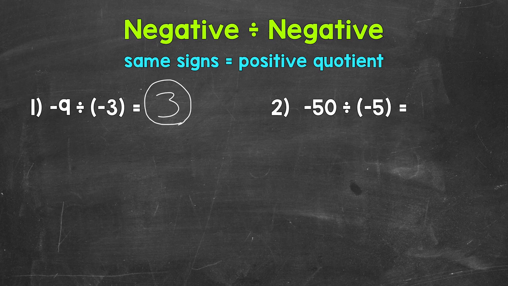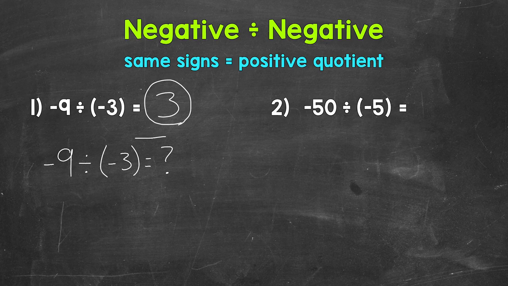Now to go off of that, division is the inverse or opposite of multiplication. So we can also go the opposite way using multiplication. So let me rewrite our problem here. Negative 9 divided by negative 3 equals what?